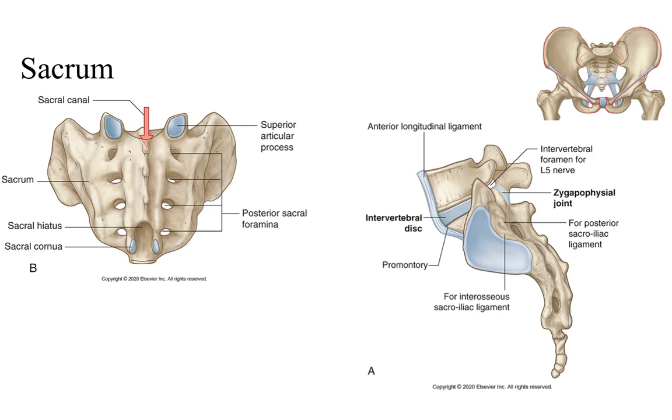All right, the next bone is the sacrum. All right, the sacrum is, actually it's called the sacrum because it was once referred to as a sacred bone. We talked a lot about this already. You have the ala, which form the sacroiliac joint with the ilium of the coxal bone.